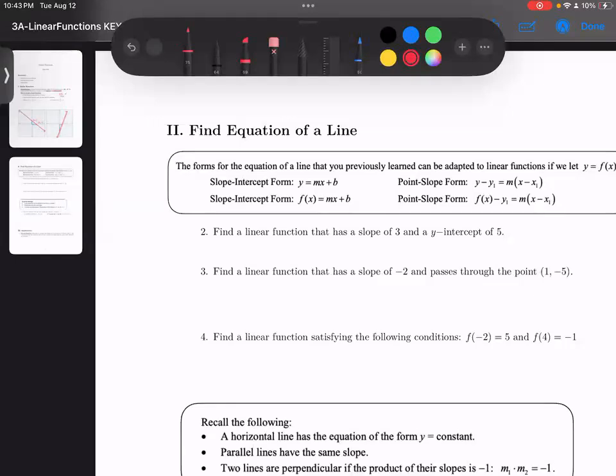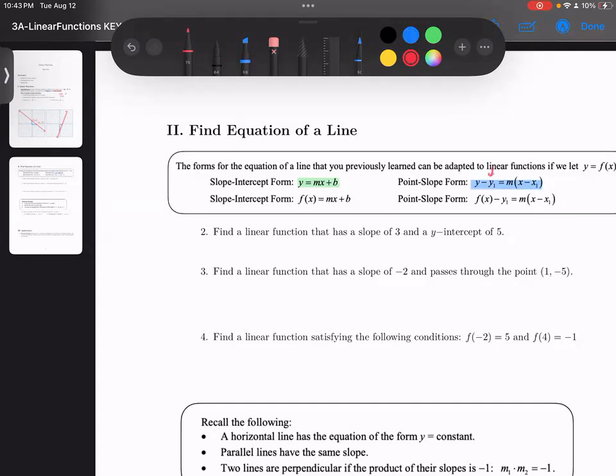All right, second part, we want to find an equation of a line. Quick toolbox refresher here. I have slope-intercept form, let me highlight it in green. And then another one called point-slope form, I'll highlight in blue. Why is it called point-slope form?